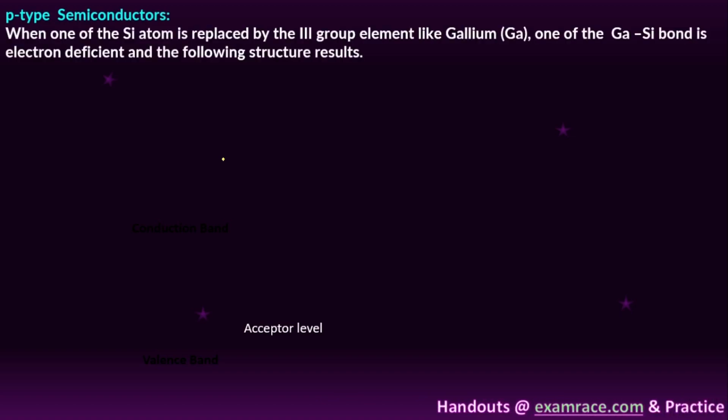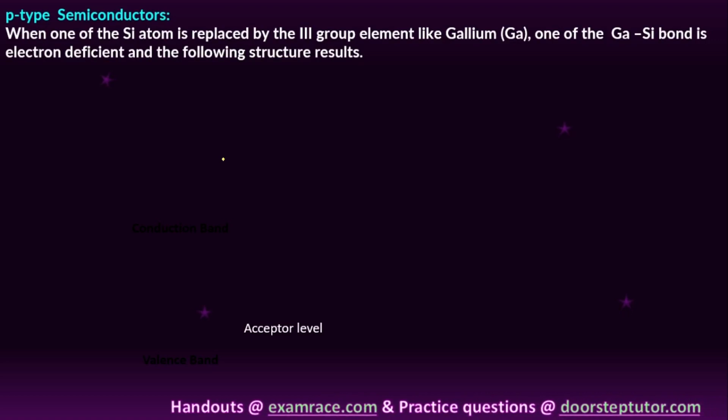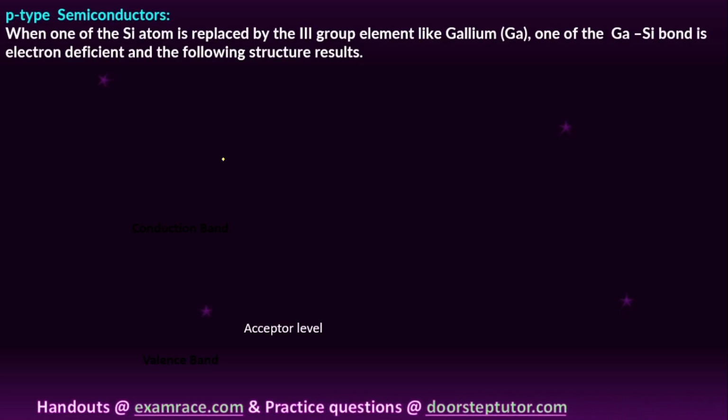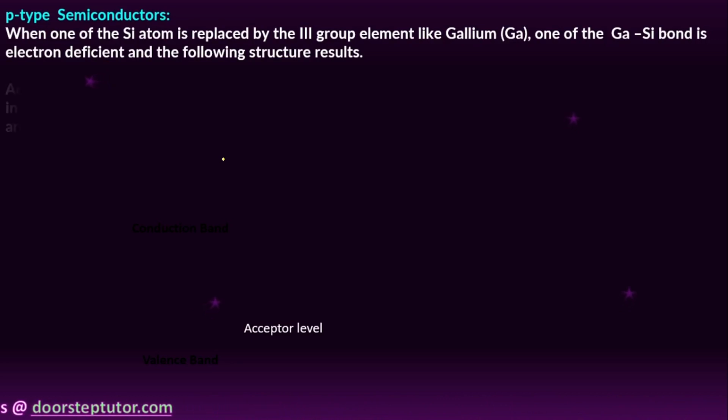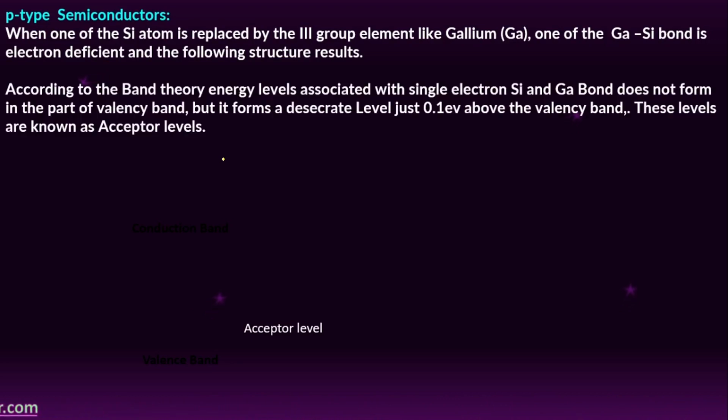When one of the silicon atoms is replaced by a third group element like gallium or aluminum, one of the gallium-silicon bonds is electron deficient, and the following structure results.